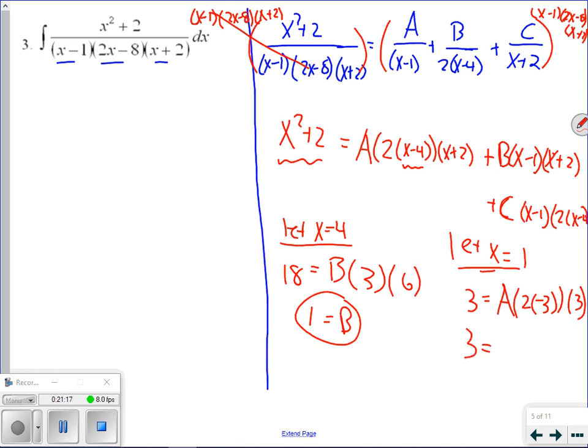So that's 3 equals A times negative 9... so 3 equals A times negative 18. So now A equals 3 over negative 18, or negative 1/6.